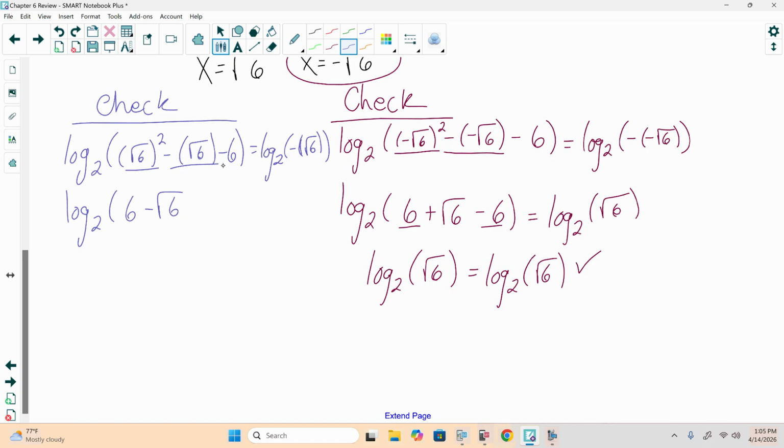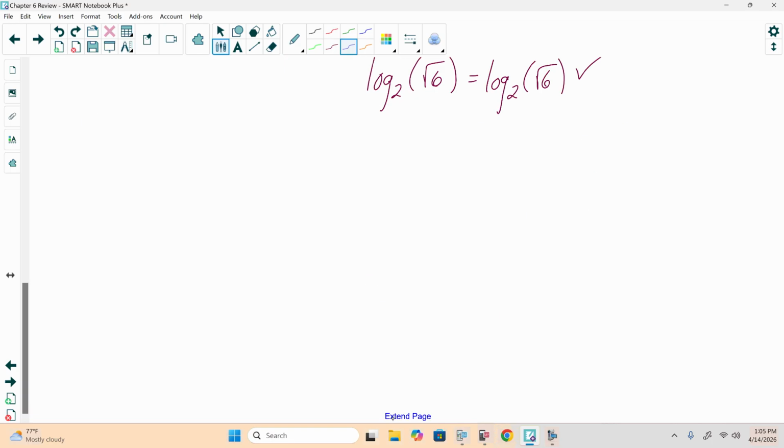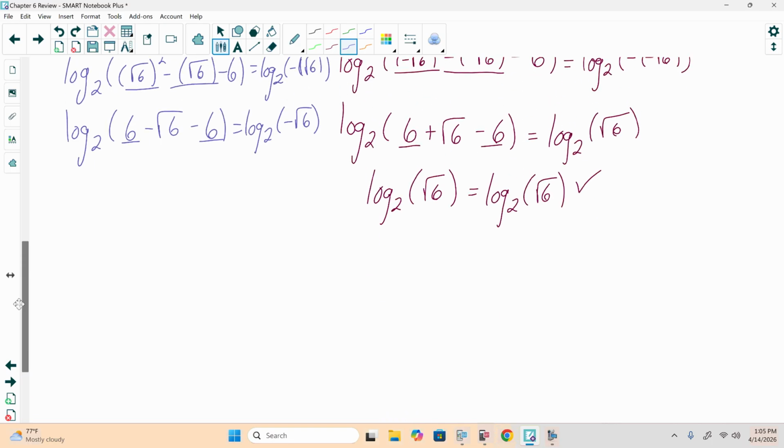This would become minus the square root of 6 minus 6. And the right-hand side is just going to become log base 2 of negative square root of 6. Again, 6 and negative 6 would cancel, telling me that the left-hand side is going to be log base 2 of negative square root of 6, is equal to log base 2 of negative square root of 6.